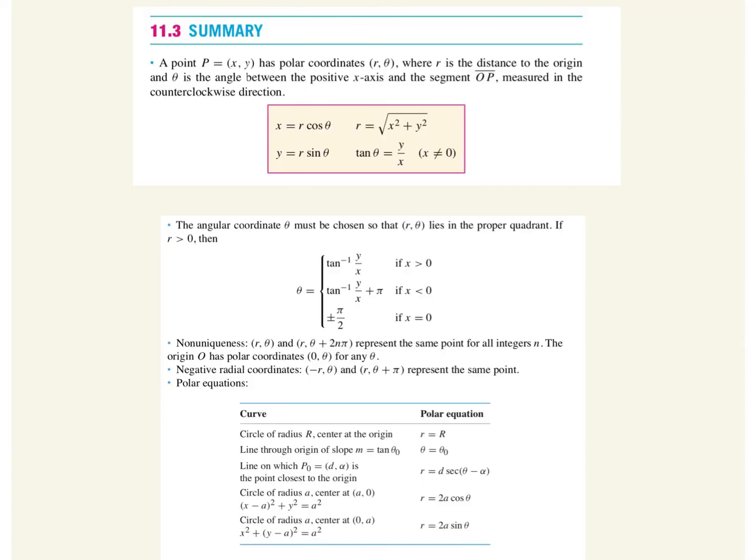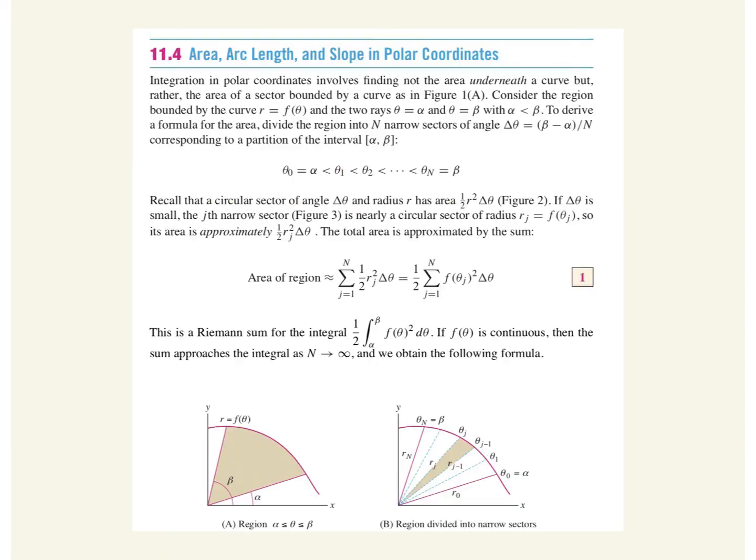Okay, so 11.3 in summary is what we just covered: being able to convert, being able to graph, and being able to take an equation written in one format and convert it to the other. Okay, 11.4: area, arc length, and slope in polar coordinates.